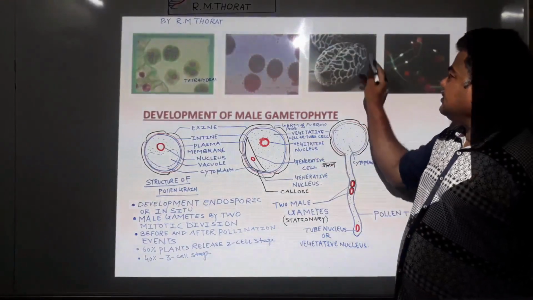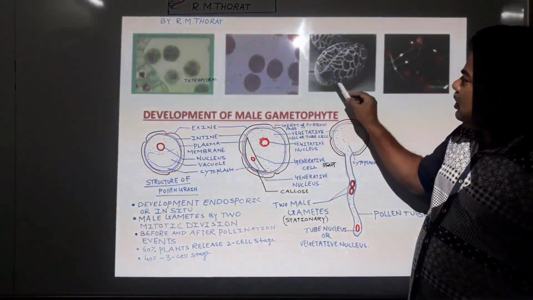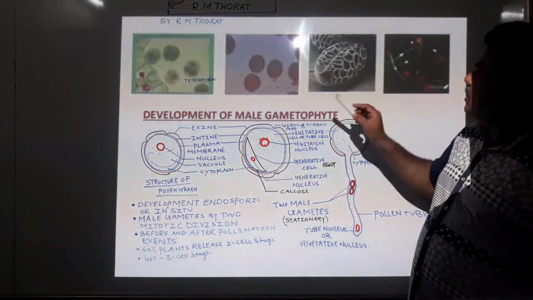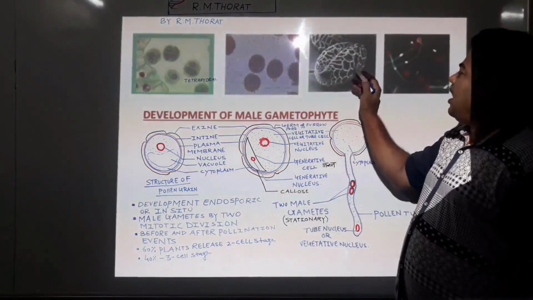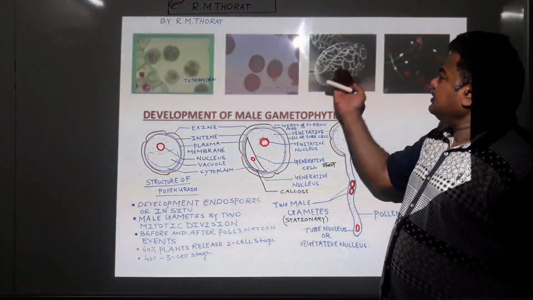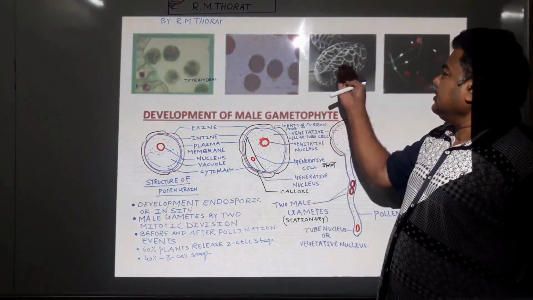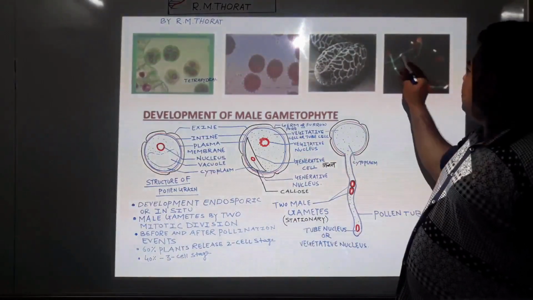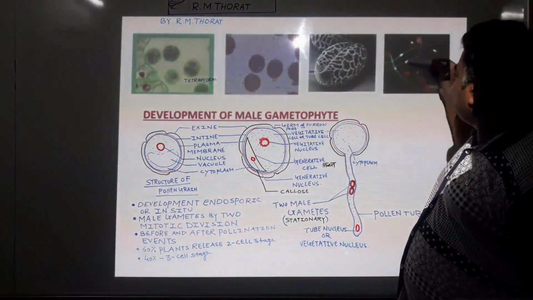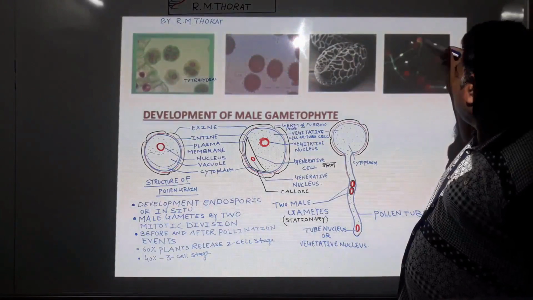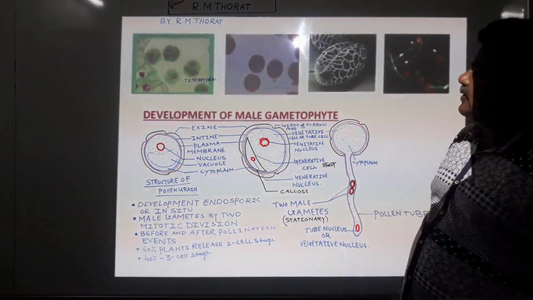In the third slide, see here, the pattern of Sporopollenin on the exine wall. Sporopollenin is a protective material, and this is how the pattern of Sporopollenin formation takes place on the exine. And the fourth slide shows pollen tube germination, how the pollen tube germinates. These all are pollen tubes in this fourth slide.